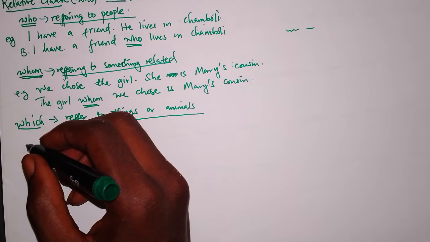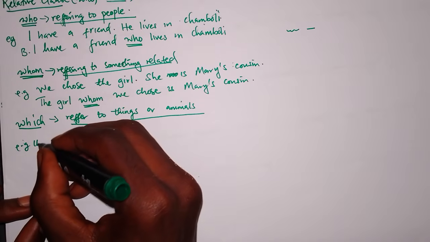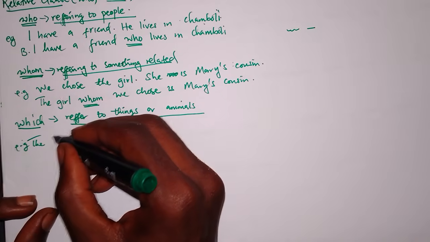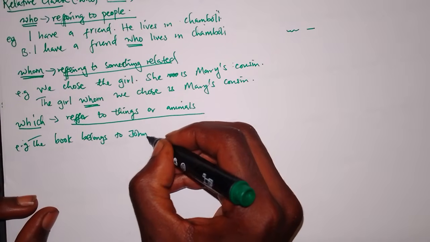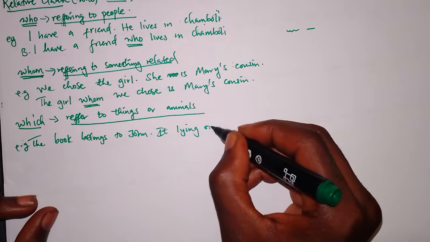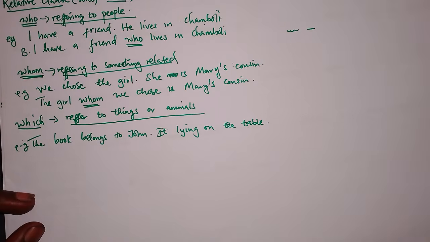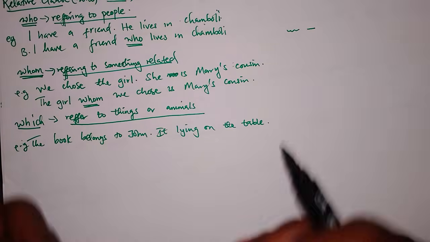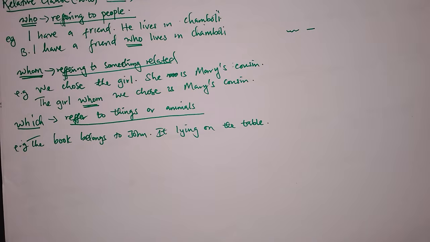So the example which we can talk about here is a book. You can say, e.g., the book belongs to John. Full stop. And it is lying on the table. Again, when you look at this question, let's say you have been told to join these sentences using the relative clause. How can you join them? Whenever we are referring to things or animals, we use the relative clause which.